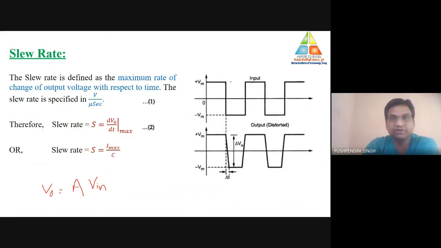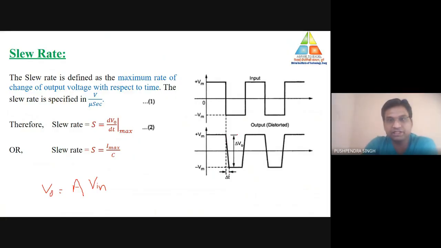So if the input signal is a square waveform, then at the output terminal we should also get a square wave only. But here you can see the output is not the actual square wave, but a distorted output waveform, or distorted square waveform.